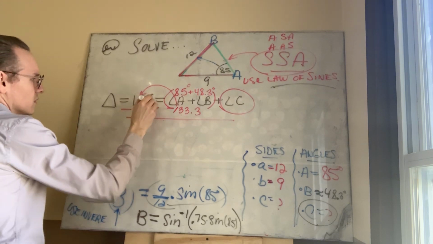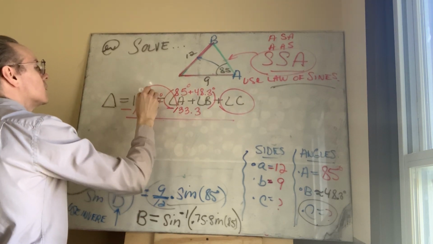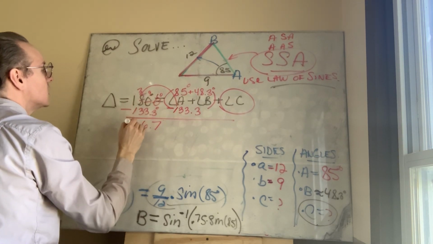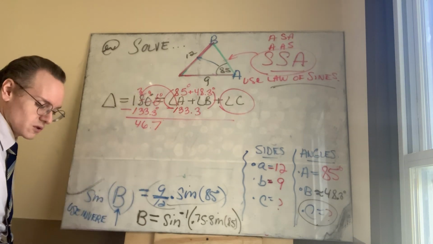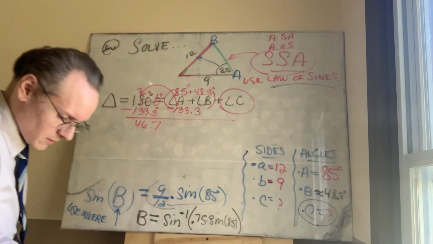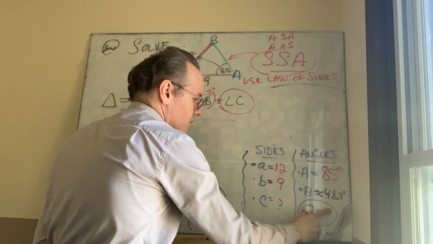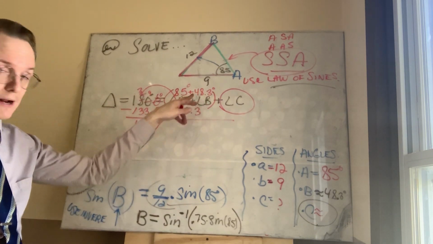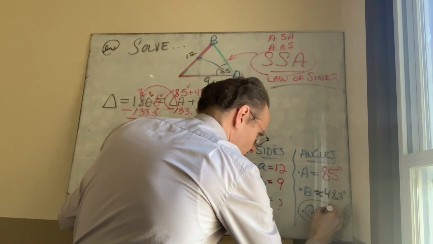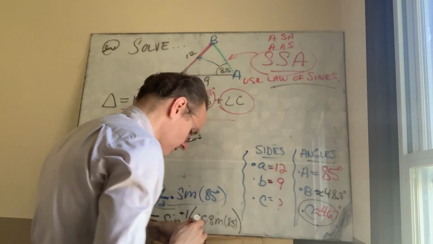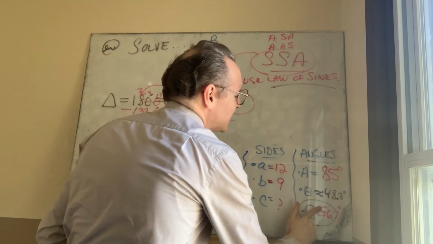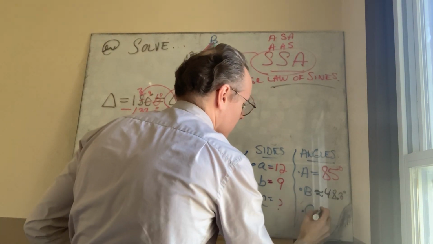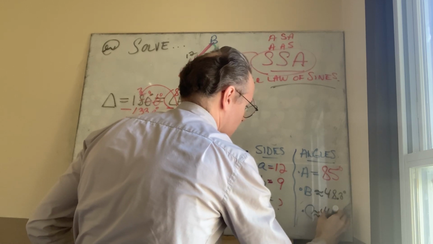And then what are you left with? 46.7. So the angle here, and I'm going to use a squiggle equals again because I'm using a rounded number, is approximately 46.7 degrees. Just to be consistent here, this is about equal to 46.7 degrees.